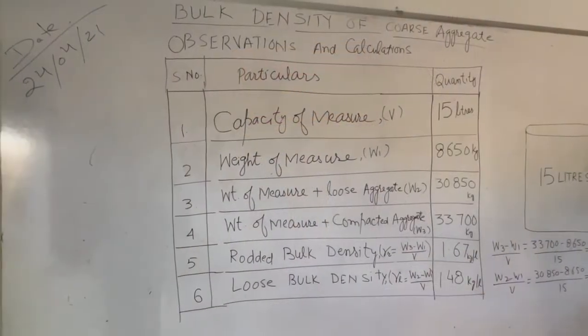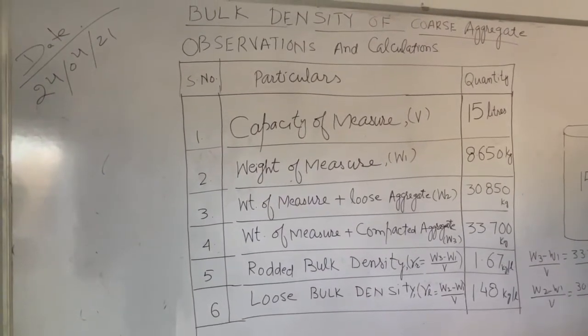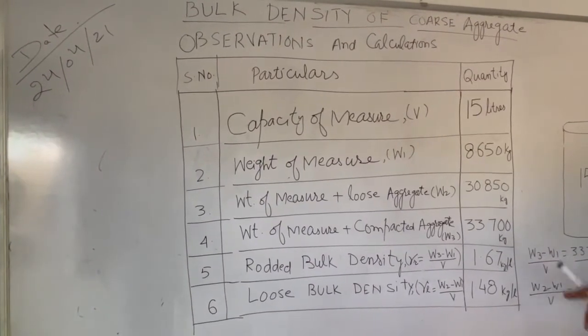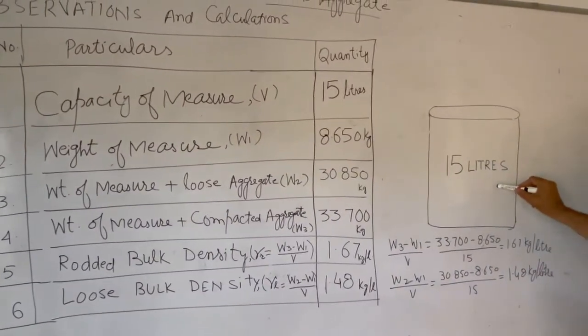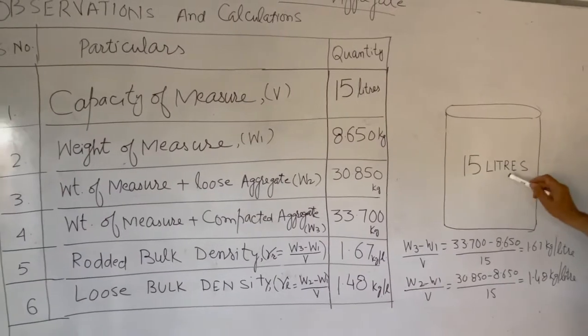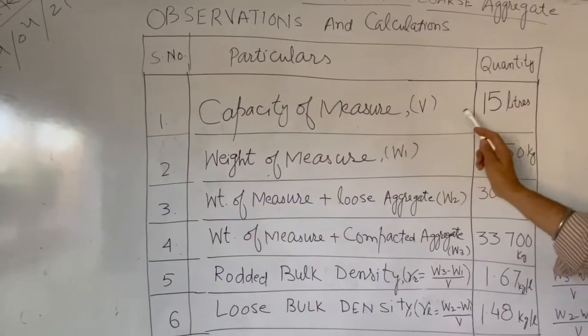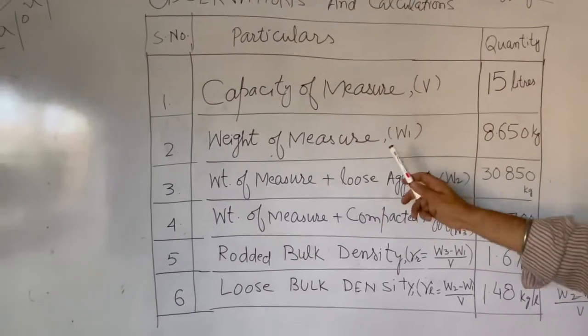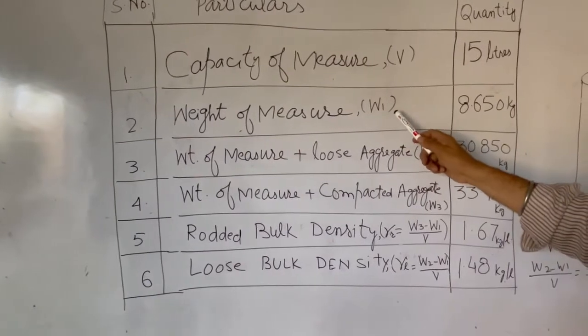So from the observations of this practical, first of all, the capacity of the container is given. The container's capacity is 15 liters. So you will write the capacity of the measure, denoted by capital V, as 15 liters. Then the weight of the measure when it is empty is denoted by W1.